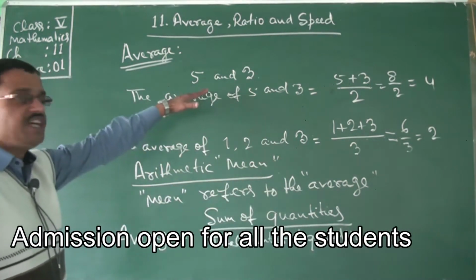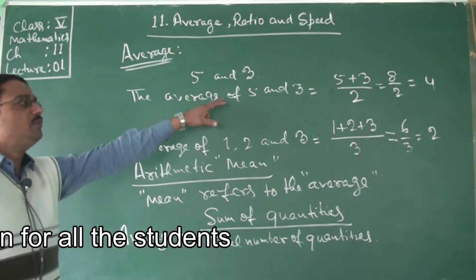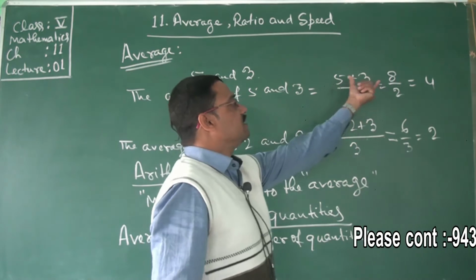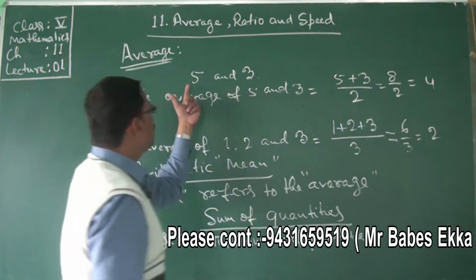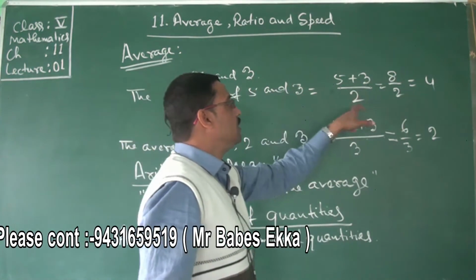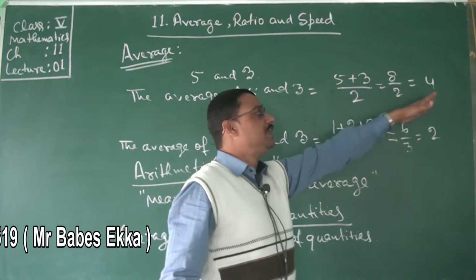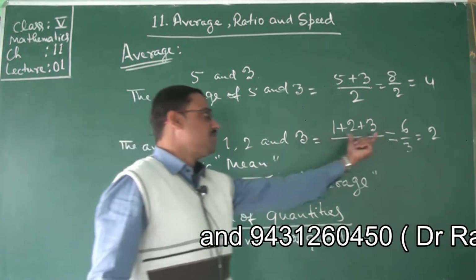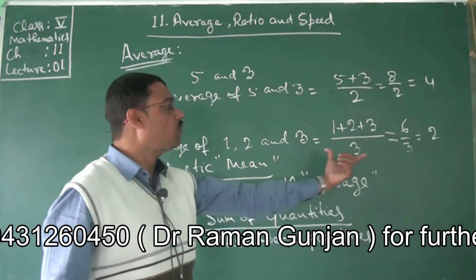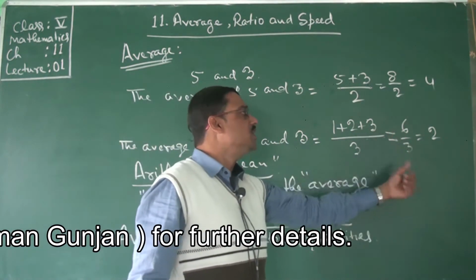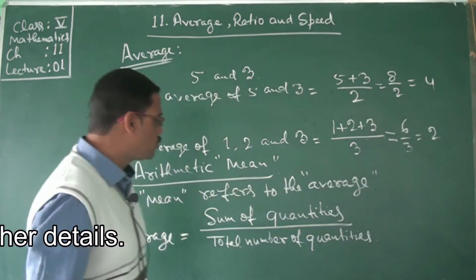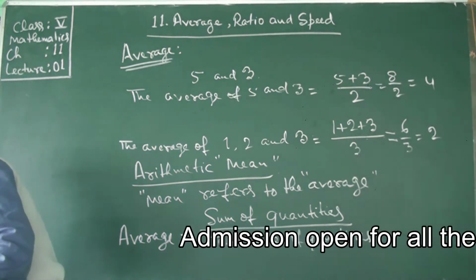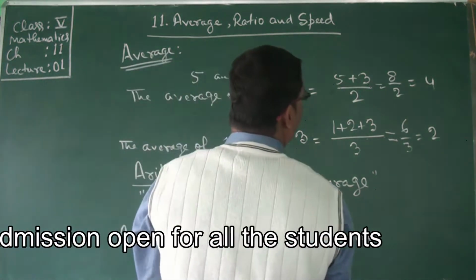As you can see in both of the given examples, sum of quantities is 8 and number of quantities 2. We divided 8 by 2 and found the average. Sum of quantities was 6, number of quantities 3. So we got the average 2. In this way we will go for finding the average.